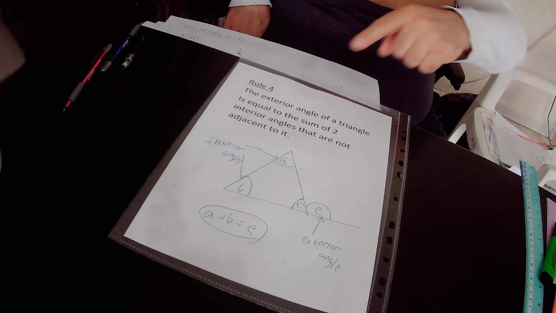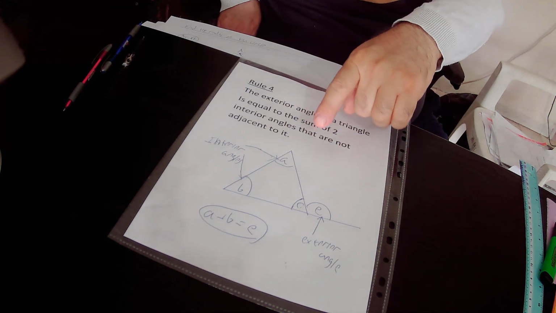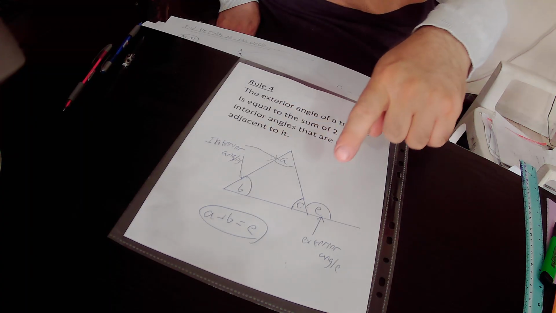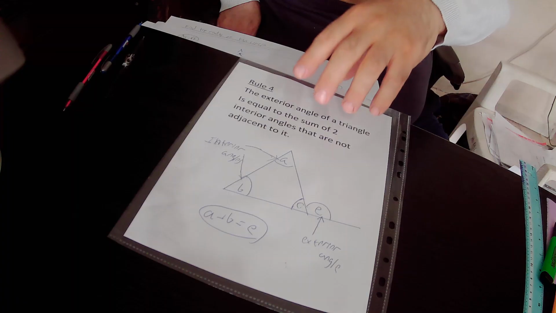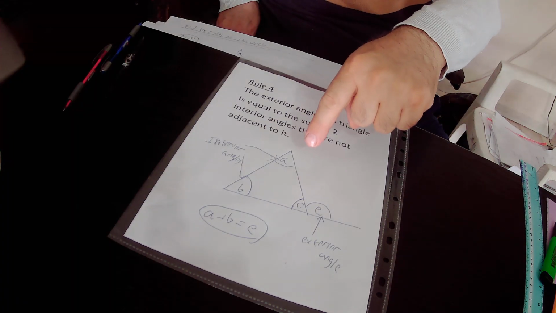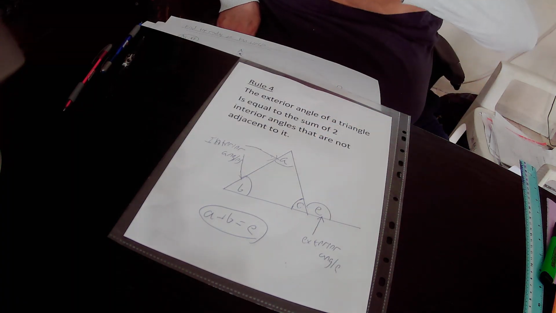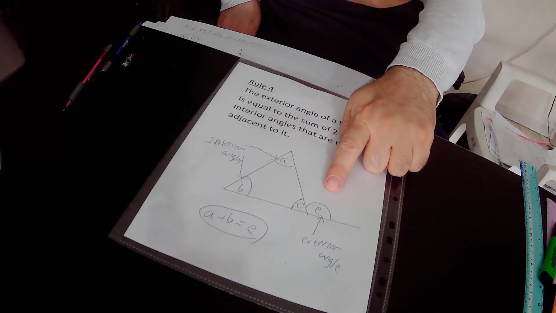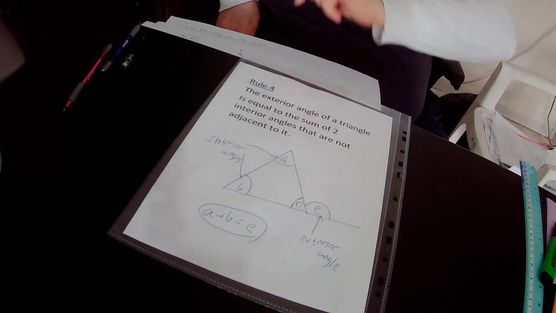So in the drawing we have this triangle. Inside this triangle we have angles A, B, and C. Those three angles are all defined as the interior angles of this triangle. While this angle E is defined as an exterior angle, because it is located outside this triangle.